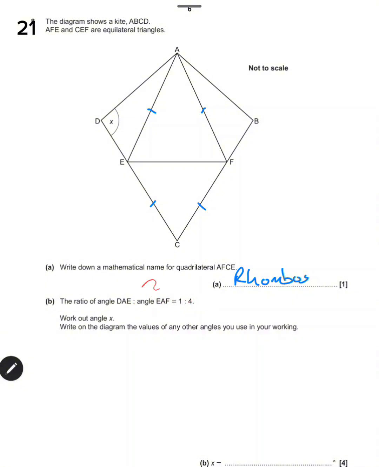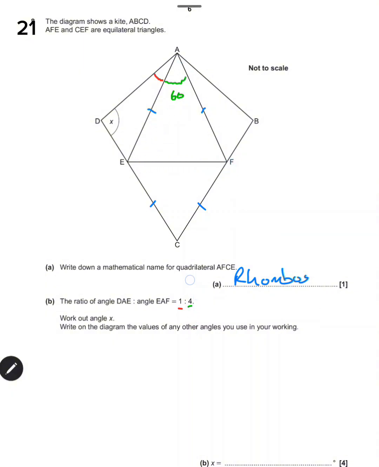Part B says the ratio of angle DAE, so this angle, to EAF, that angle is 1:4. Well, we know the green angle, EAF, is 60 because that's an equilateral triangle.